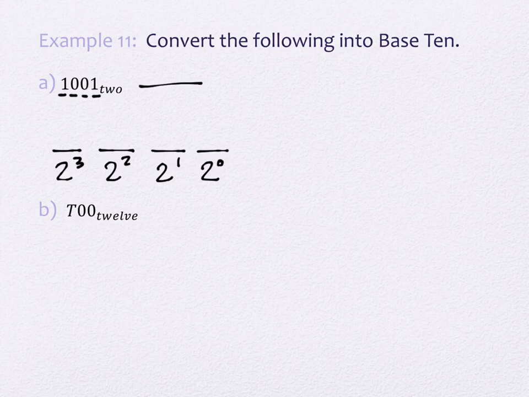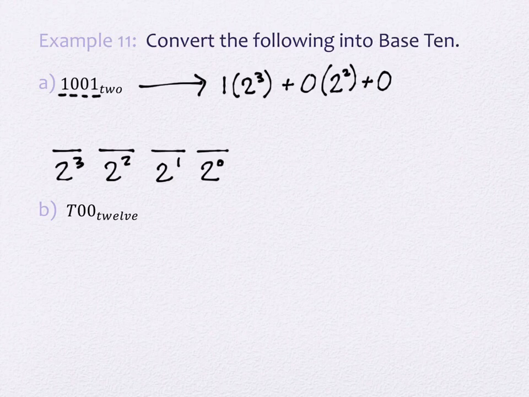So if you're thinking about converting this, you're going to take the number that's in that place value, a 1, and you're going to write it as a multiplication factor times 2 cubed. That's expanding the bases. I'm going to write the next two out even though I recognize that they're zeros just to set you a pattern. Whatever number's next, you'd put that number, and it'd be times 2 squared. That same thing is another 0 times 2 to the first. And the last number is a 1 times 2 to the 0.